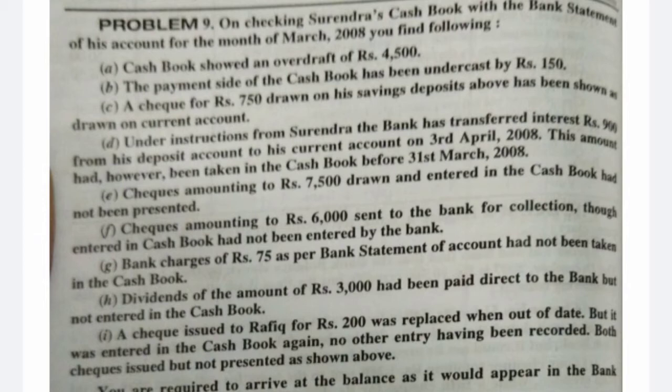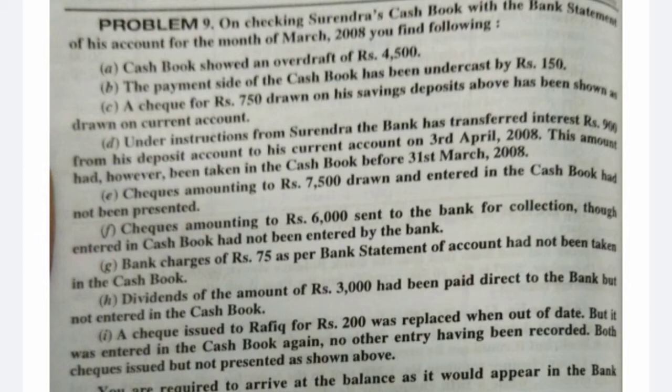Check drawn by Surendra means Surendra is withdrawing some amount of rupees 750 from his savings bank account, but it is recorded as withdrawn from the current account, which is the business account for which we are preparing the BRS. That is a business account, but the same is accounted in the savings bank account. Therefore, the cash book is showing less balance of rupees 750.